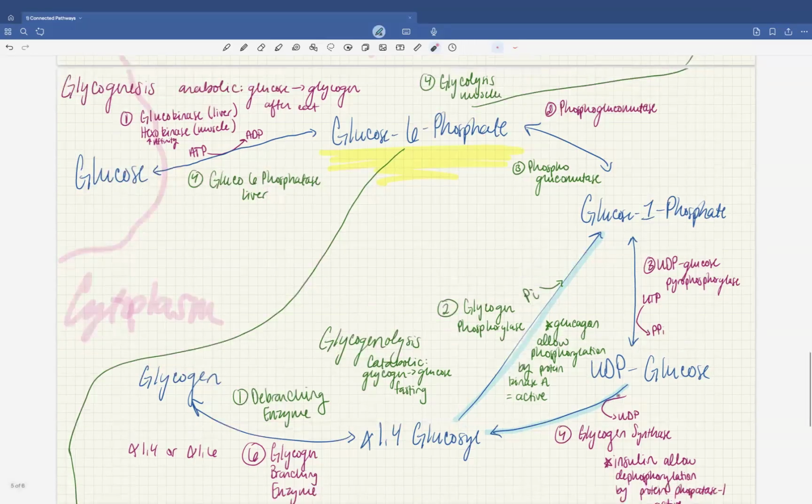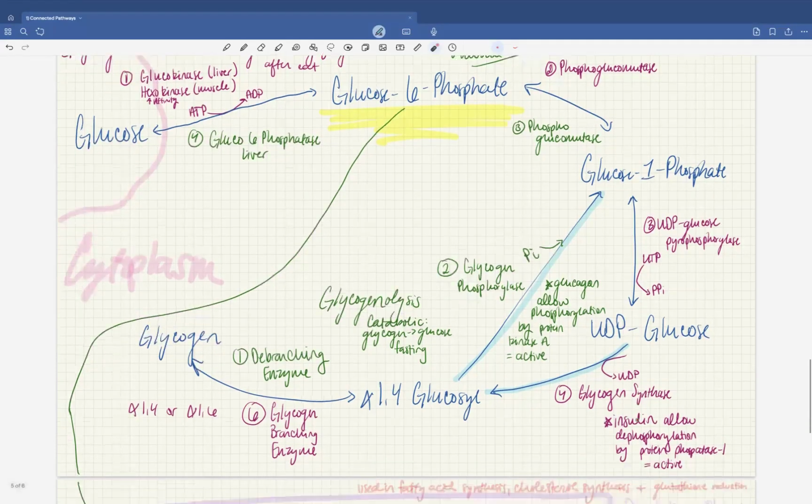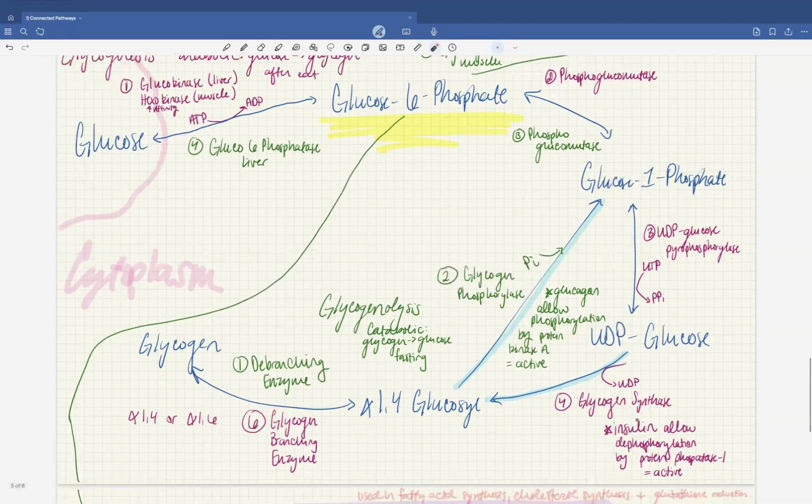And then we get into the irreversible step of glycogenesis, which is the conversion of UDP glucose into glycogen using the glycogen synthase molecule, and this will release a UDP molecule. So when insulin is present, then it will allow for the dephosphorylation of glycogen synthase by the protein phosphatase 1 enzyme to be in the active state.